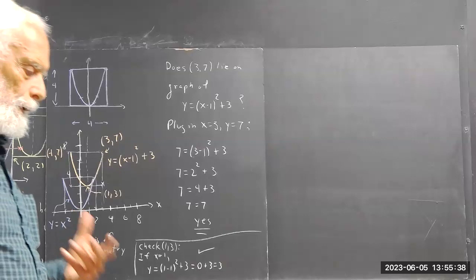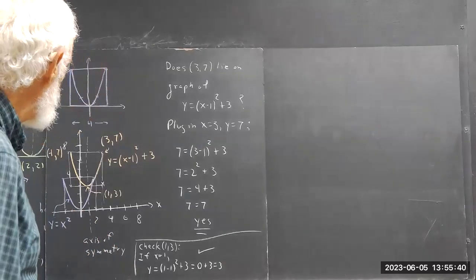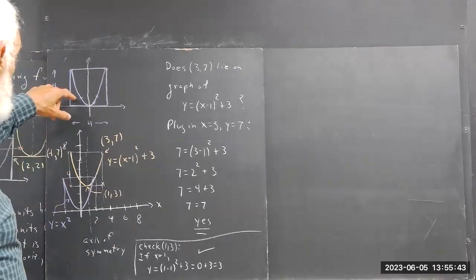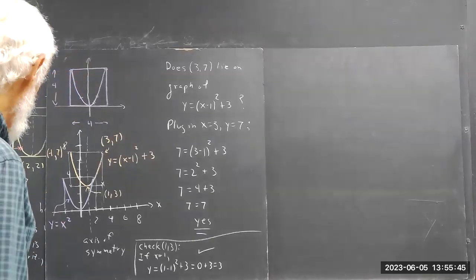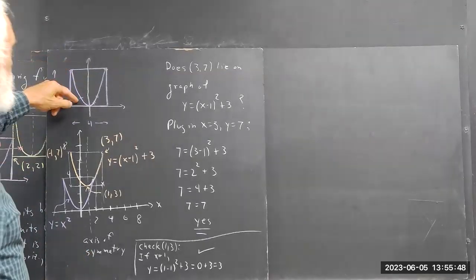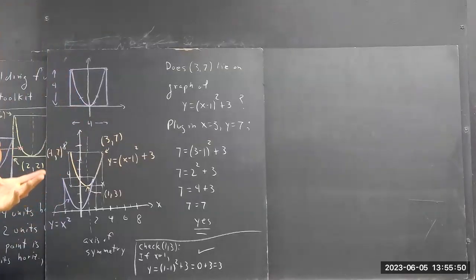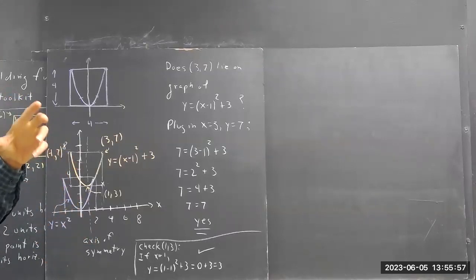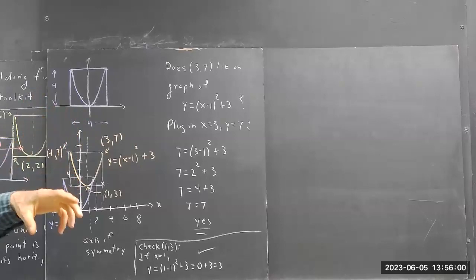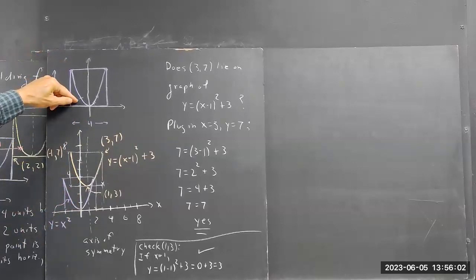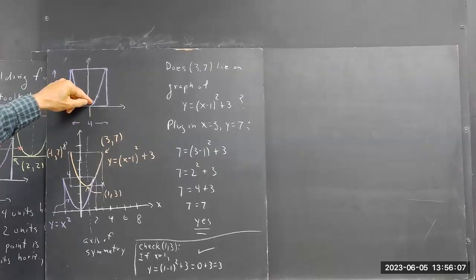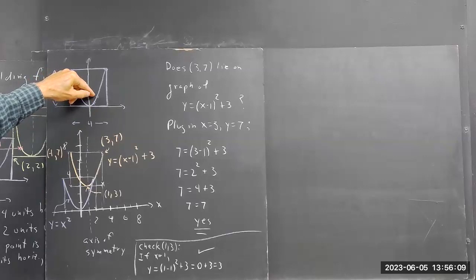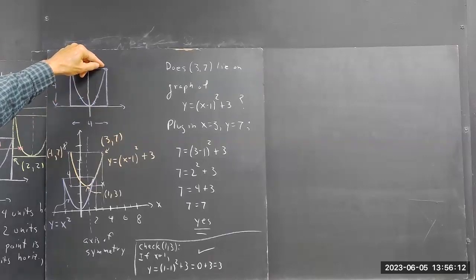Okay. I'm going to ask you to do one more thing. We know what the seven points of the basic toolkit squaring function are: negative 2, 4, negative 1, 1, negative 1/2, 1/4, 0, 0, 1/2, 1/4, 1, 1, and 2, 4.